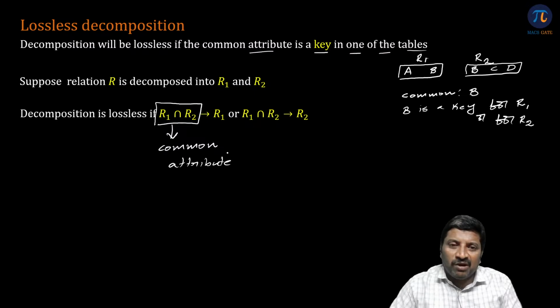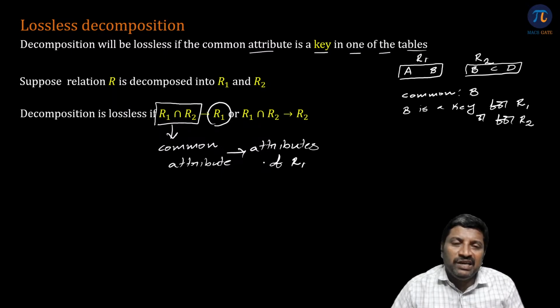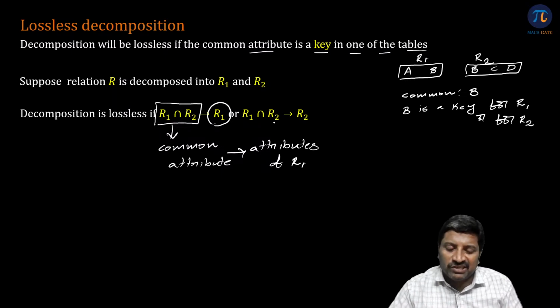With the help of the common attribute, I can get the values of the attributes of R1. That means it is the key for R1. Similarly for the second one. So this is the way we need to verify.